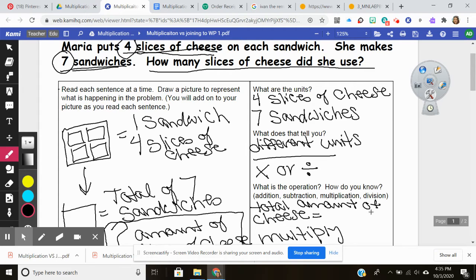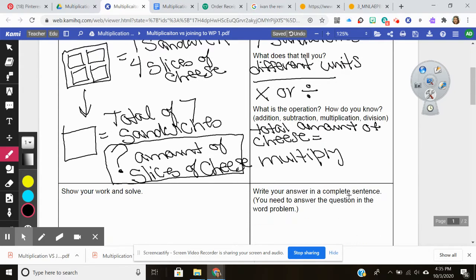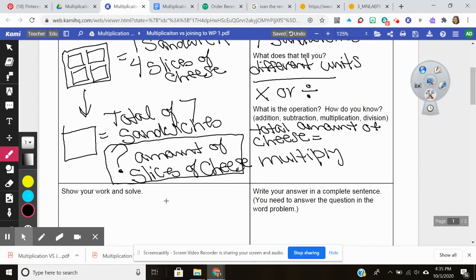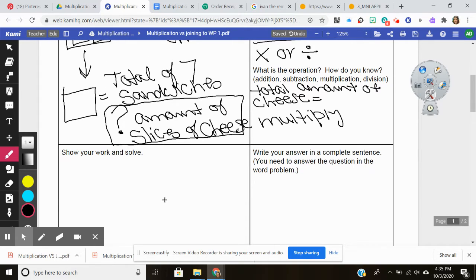Because when I'm multiplying, I'm finding the total. All right, so now that I'm multiplying, now I need to solve, okay? So my number sentence is going to be 4 times 7 equals something. That's going to equal my total.